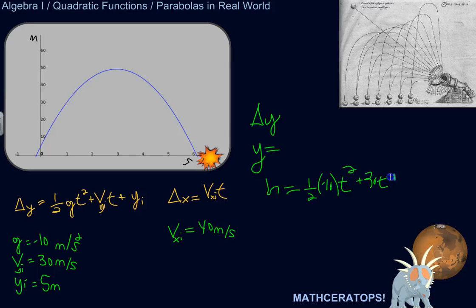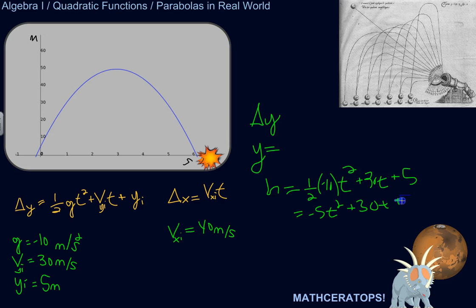Or maybe the top of the cannon is 5 meters off the ground or something. It's a big guy. Plus 5. Okay, so let me just do this out. 1/2 times negative 10 would just be negative 5. So we got negative 5 t squared plus 30 t plus 5.